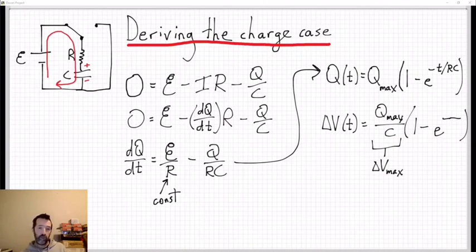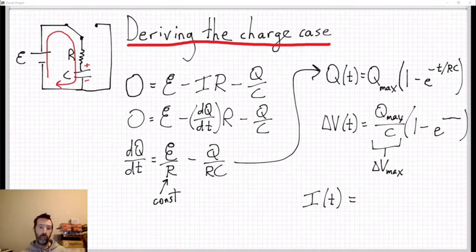And if I want the current, I just take the derivative of Q instead. The interesting thing to note, though, is that when you do take that derivative, since there's two terms this time, that first term is constant, right? If I distribute the Q max, it says Q max minus Q max times e to the negative stuff.